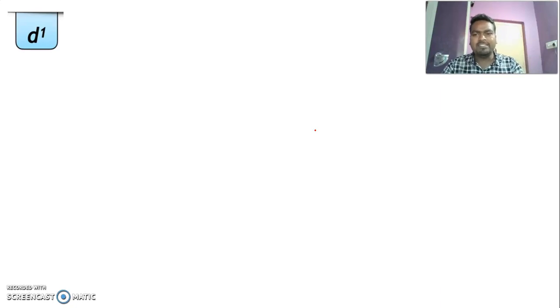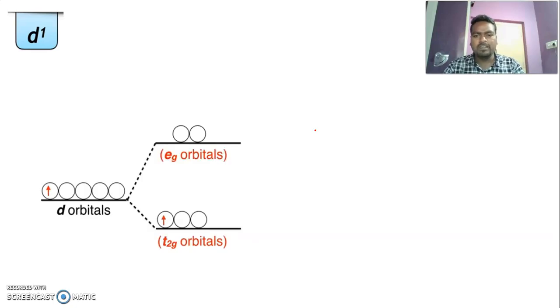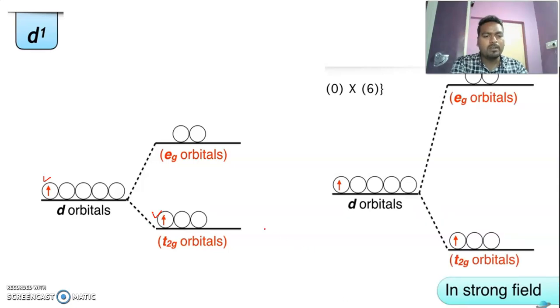If you take a d1 system, only one electron is present in the d orbital, and in case of a weak field or weak ligand, the electron is distributed so that one electron enters t2g. And in case of a strong field, what happens? One electron comes to t2g, but the difference is that here the energy difference is more, and the energy gap is less in this case.